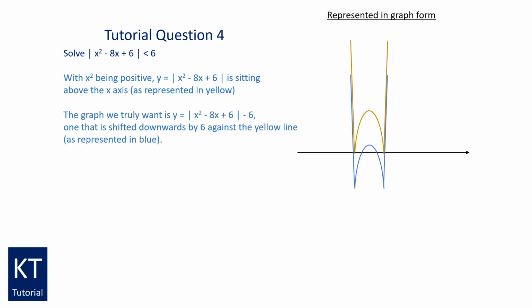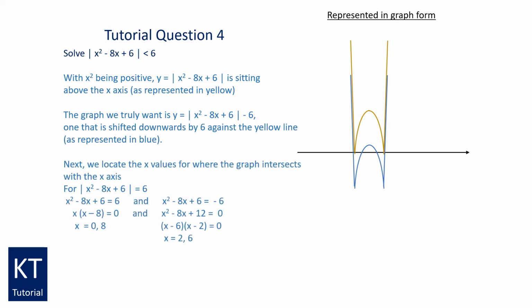Next, we go on to draw the blue line, which is a translation downwards by 6 against the yellow line, for it to represent the equation y = |x² - 8x + 6| - 6. We shall then go on to identify all the 4 x values at which the blue line cuts the x-axis, then label them on the x-axis as per our calculation.